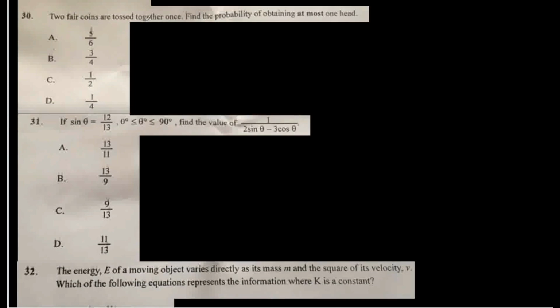Two fair coins are tossed once. That means two coins are tossed separately. Find the probability of obtaining at most one head. What are the possibilities? Both will be heads. One head, one tail. The first tail, second head, or both tails. They're saying at most one head. So this is at most one head, this is at most one head, and this is at most one head.